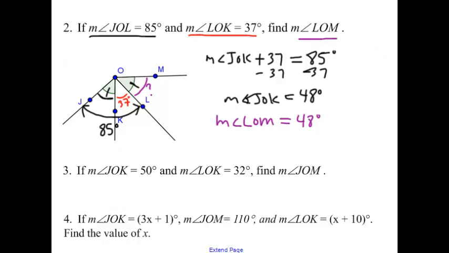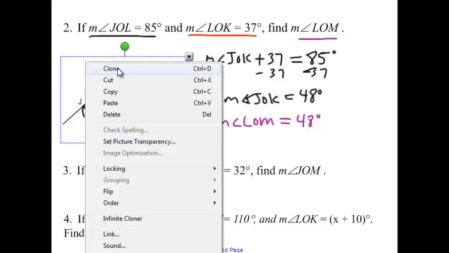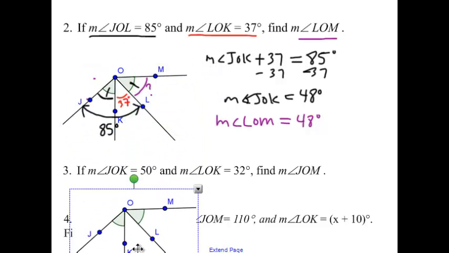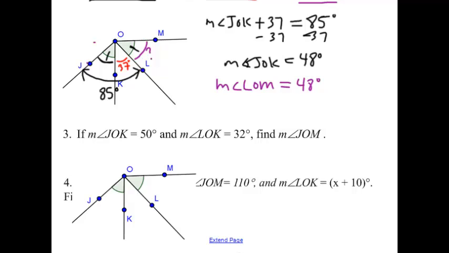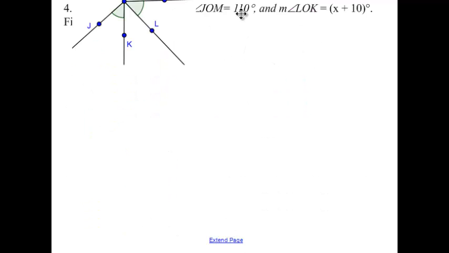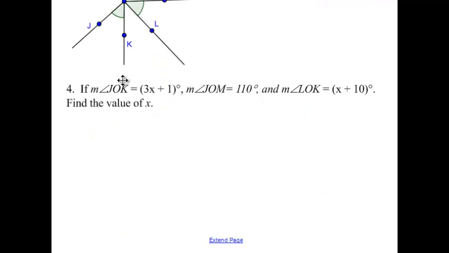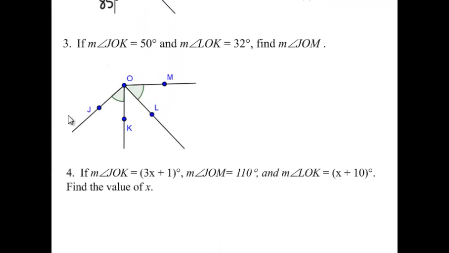Now, in example 3, our picture kind of got messy, so we'll probably want to redraw that. Let me just get another sketch of it. You want to redraw it in your notes too. All right, we're ready to go with a new setup.